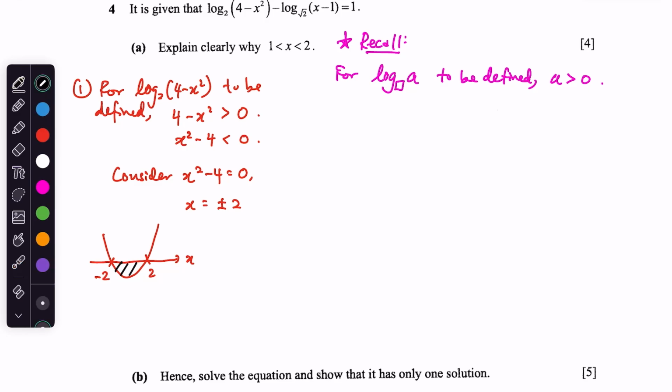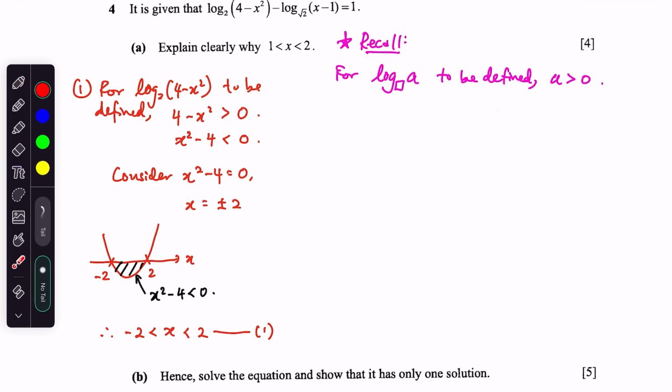So this part is when x squared minus 4 is less than 0. So I will get the range of values negative 2 to 2, not inclusive. That means I'm not including the values negative 2 and 2 exactly. So it's just a less than symbol.